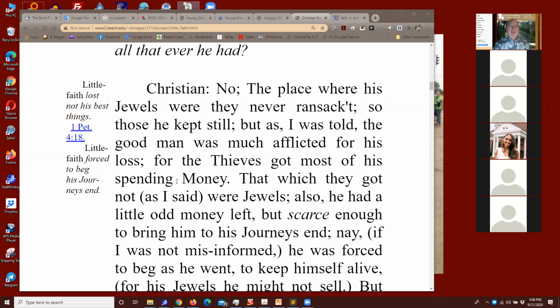So Bunyan came along after the revolution was overthrown and they went back to having a king. It was a lot more fun to have a king than a protectorate. And this guy Bunyan becomes converted to Puritanism and Pilgrimism and learns to read and write a little bit and becomes a preacher. And because he's an illegal preacher, they throw him in jail in Bedford City for 12 years, I think.